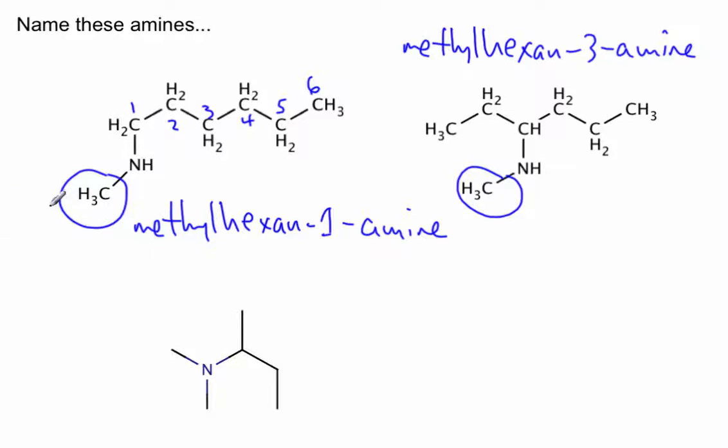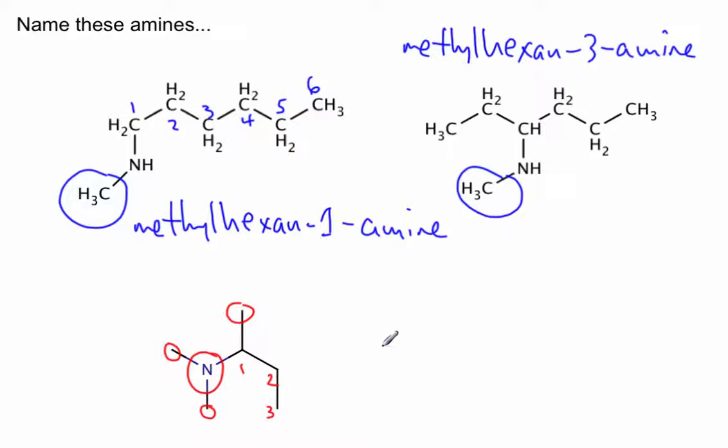Finally, here's my tertiary amine, and the branches. That's a methyl branch, that's a methyl branch, and what do I have here? 1, 2, 3. So, and on carbon 2 of that, I have a methyl branch. So this becomes a little more complicated.